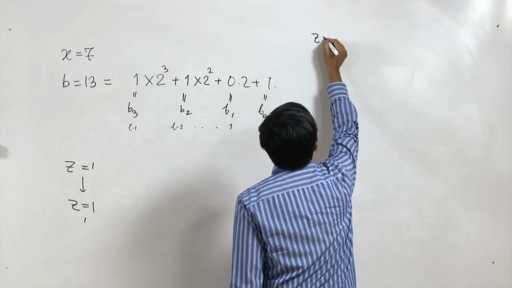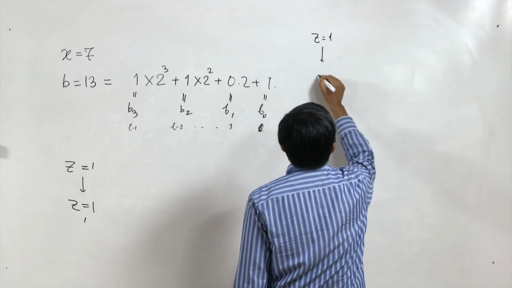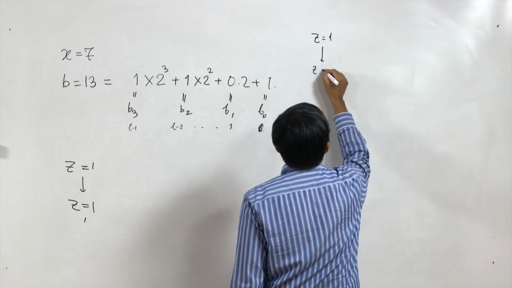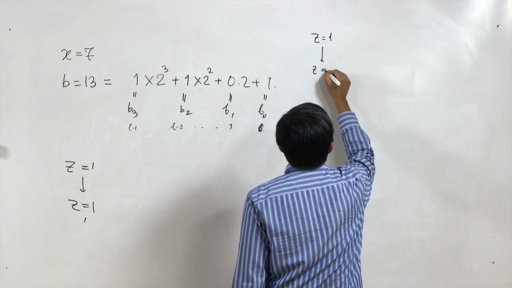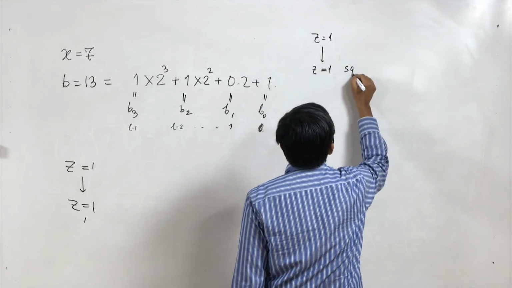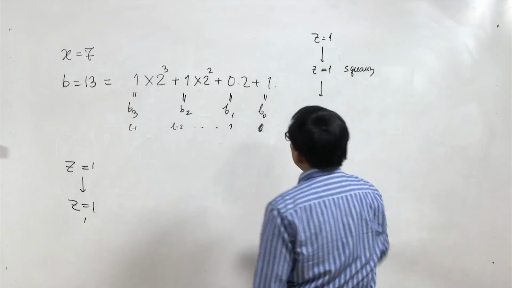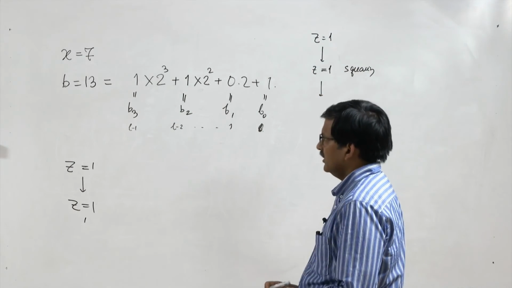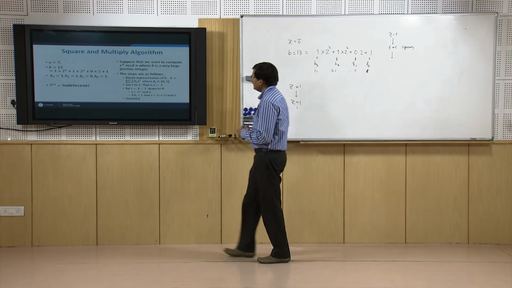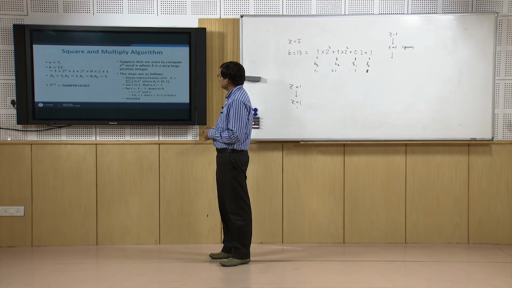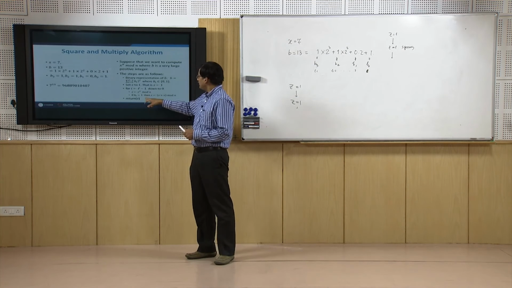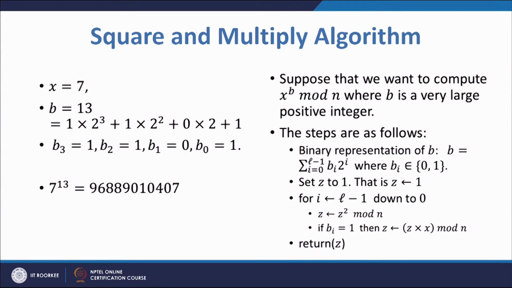I start with z equal to 1, and after squaring, z is 1, I go into the loop. I go into a conditional, I see whether bi equal to 1 or not, and I start from L minus 1. In my case L minus 1 is 3.